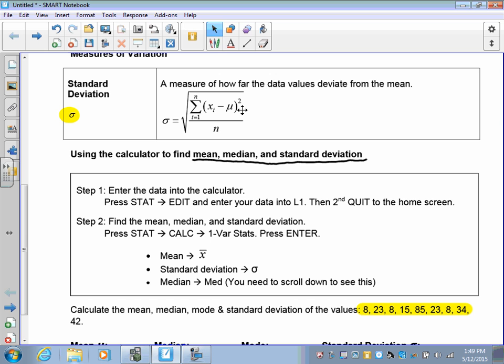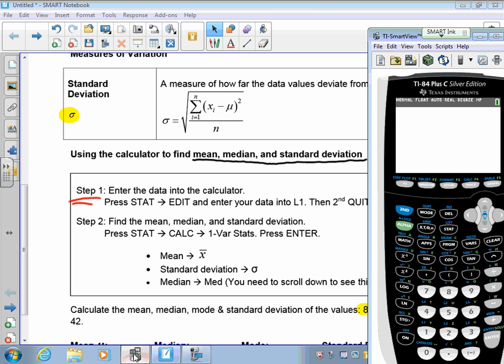So what I need you to do, following the directions for step 1, enter the data into your calculator, is to take your calculator out, and I want you to hit the stat button, and just as a hint, above the stat button says list. So we're entering a set of numbers, a list of numbers. So hit stat, hit enter for number 1, edit.